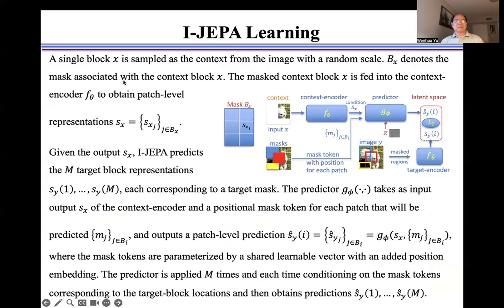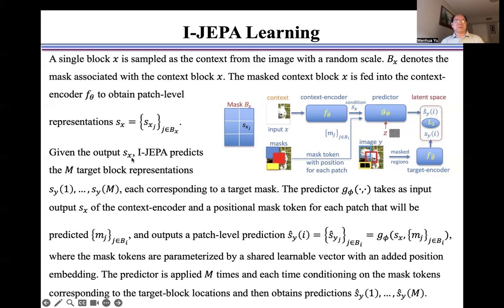A single block x is sampled as a context from the image with a random scale. B_x denotes the mask associated with the context block x. The masked context block x is fed into the context encoder f theta to obtain patch-level representations s_x, as shown here.